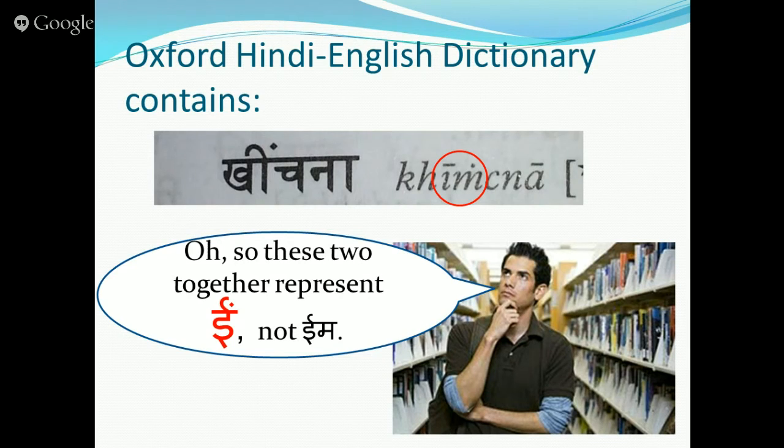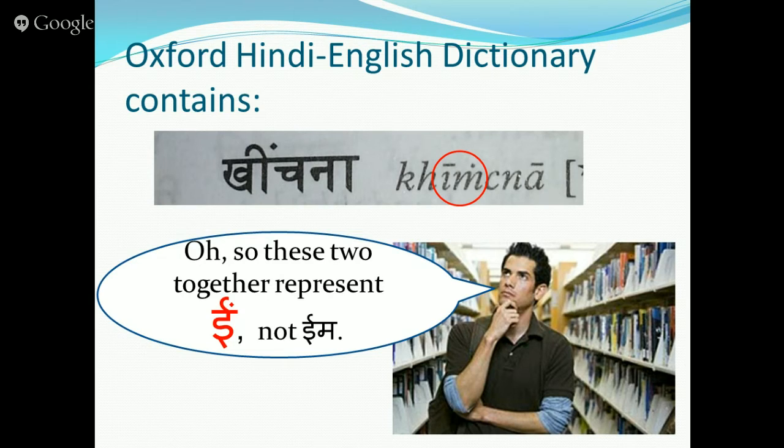It is not an N sound. The dot in this case does not represent an N sound. It represents a nasalized E, not een or eem, but just E. And so this is what the dictionary is telling us, and this is why we have to use the dictionary.